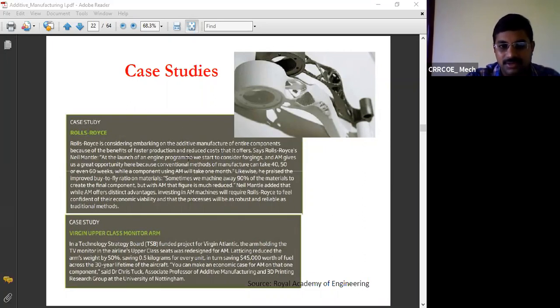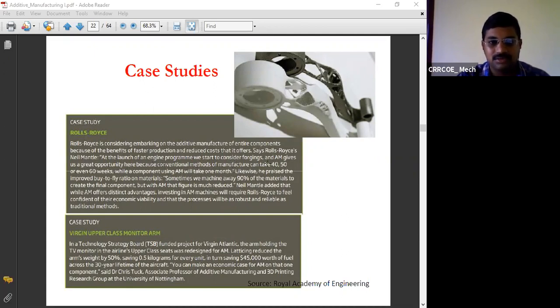See, always reduction of the cost, every company aims for that. So says Rolls-Royce at the launch of the engine program, and we start to consider the forgings. And AM gives us a great opportunity.